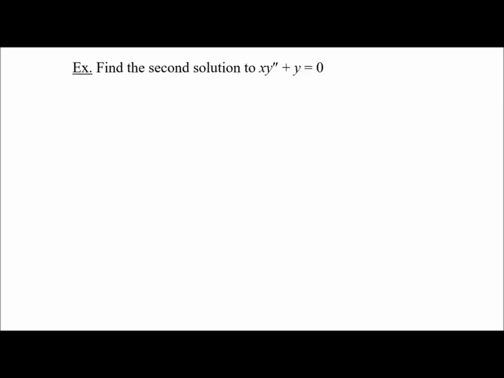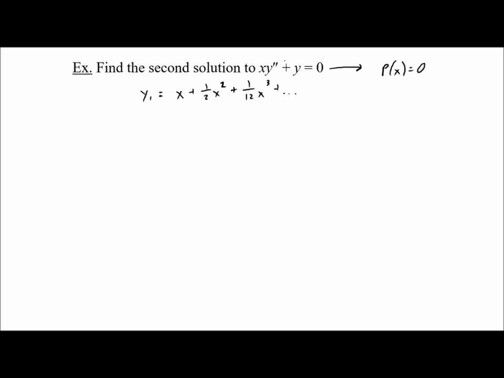So, for our problem, my first solution was x plus 1/2 x squared plus 1/12 x cubed plus ... And let's also notice that my p of x for this problem is 0.